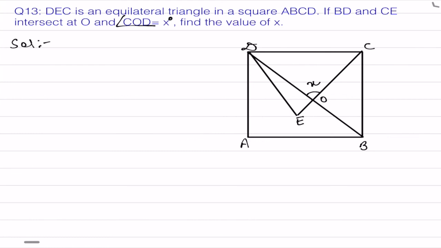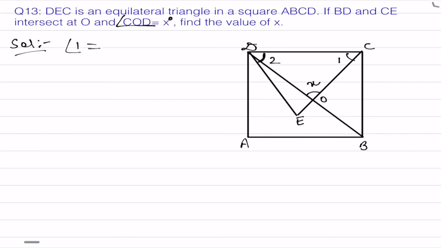So as we know that each angle of an equilateral triangle is 60 and each angle of a square is 90 degrees. So we will use the second property of the square, the diagonals of the square bisect the angle through which it passes. So angle 1 is 60 degrees, angle 2 is, this is angle 2, this is 45 degrees. Why?